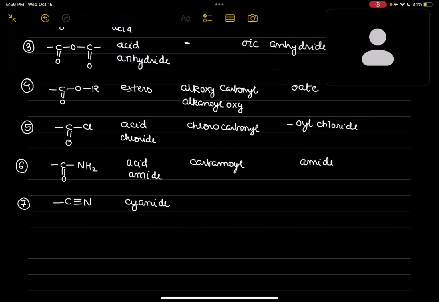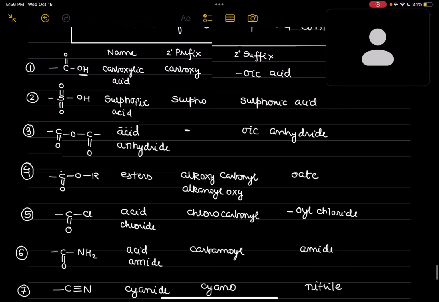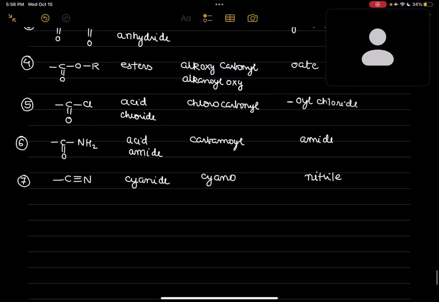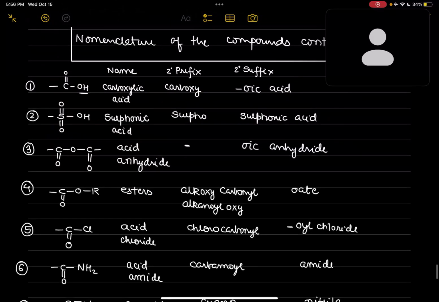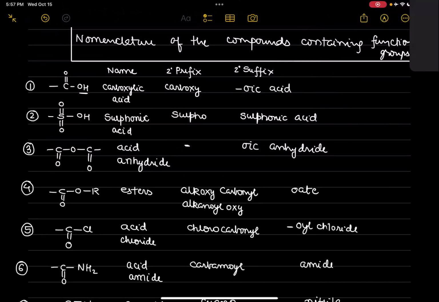And if it is the principal functional group, the suffix put at the end is going to be nitrile. And it is also known as cyano. Got it? Yes. Let me write it and then we will discuss what their meaning is and how to apply them. Don't worry about the applications as of now. I will explain them.